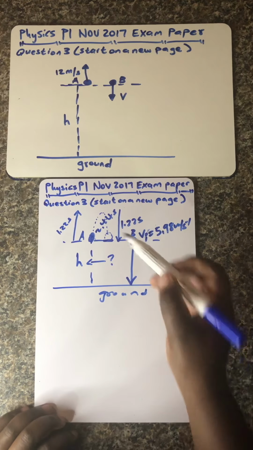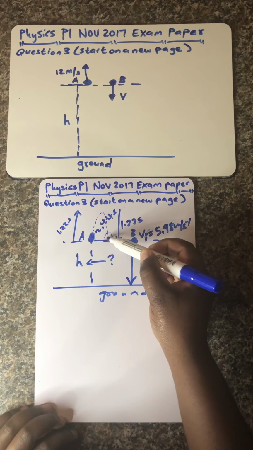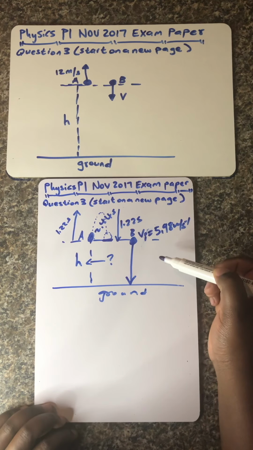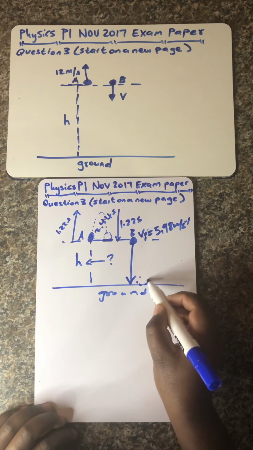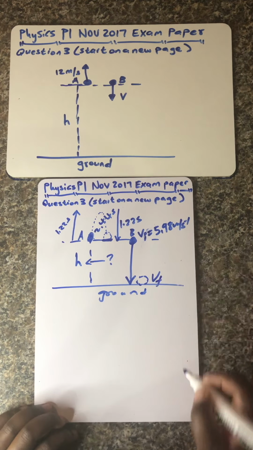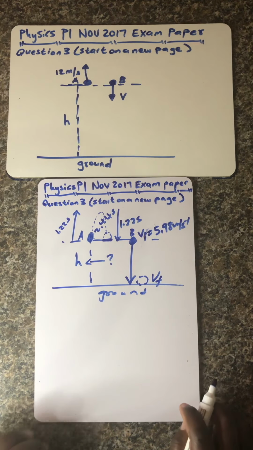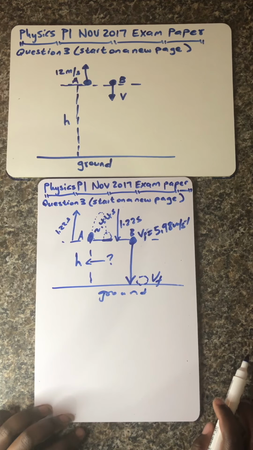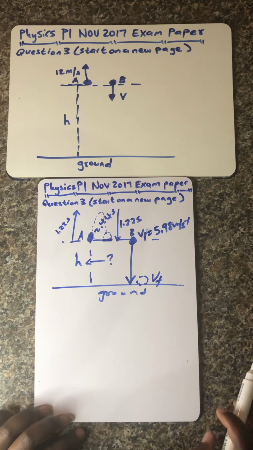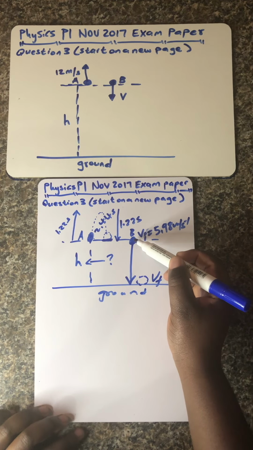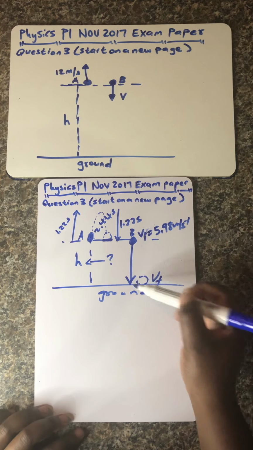So they're saying by the time when this object A reaches or passes through its original position, that's when object B hits the ground. Okay, so now they are asking what is that h, which is the height covered by object B from the point where it was thrown vertically downwards up to that point.